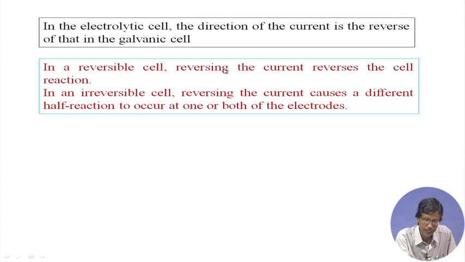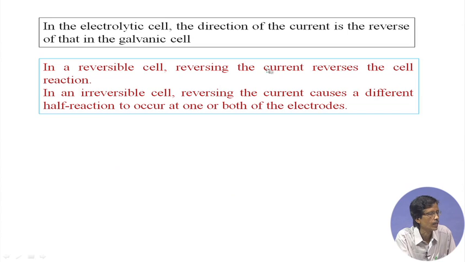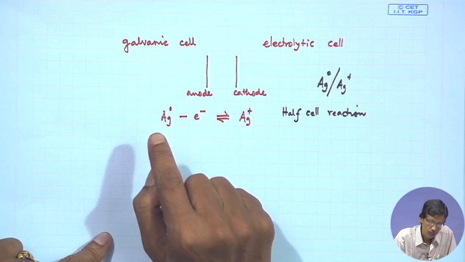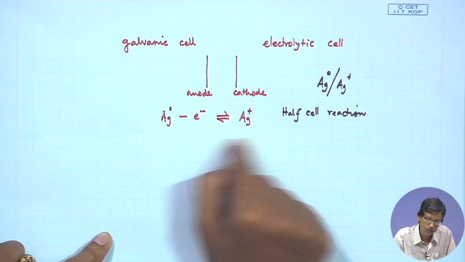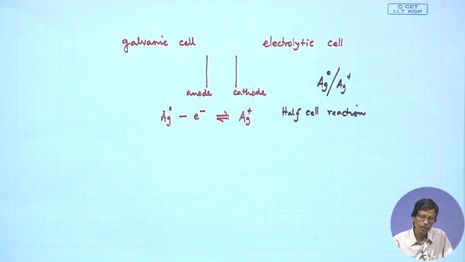That means, in one direction of the current we supply electrons, and if we reverse that and supply electrons at the other electrode, the cell reaction reverses. If we go from silver 0 to silver ion, on reversing, silver ion will go to silver 0 for a reversible reaction.